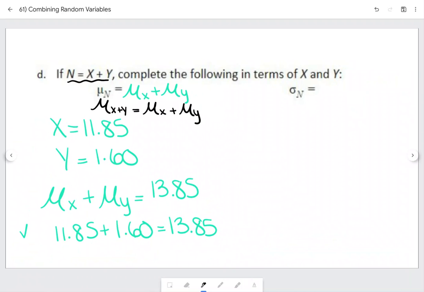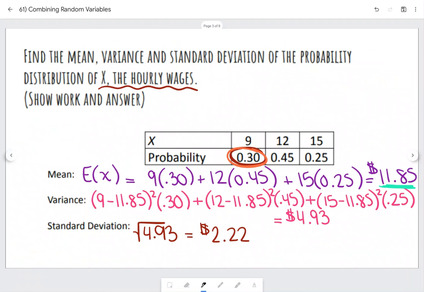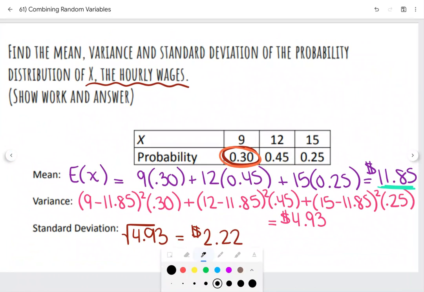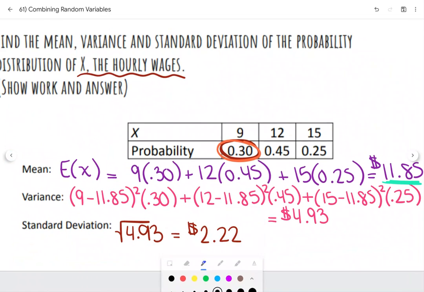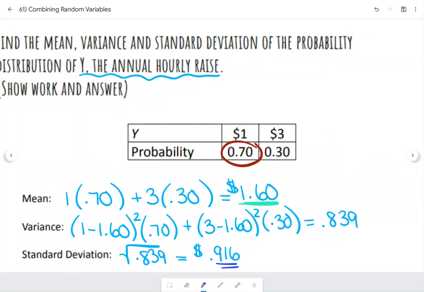Now we want to go ahead and check that same idea with standard deviation. So I'm going to go figure out what my standard deviation was the first time around. So our standard deviation here, we got 2.22, and we got 0.916.